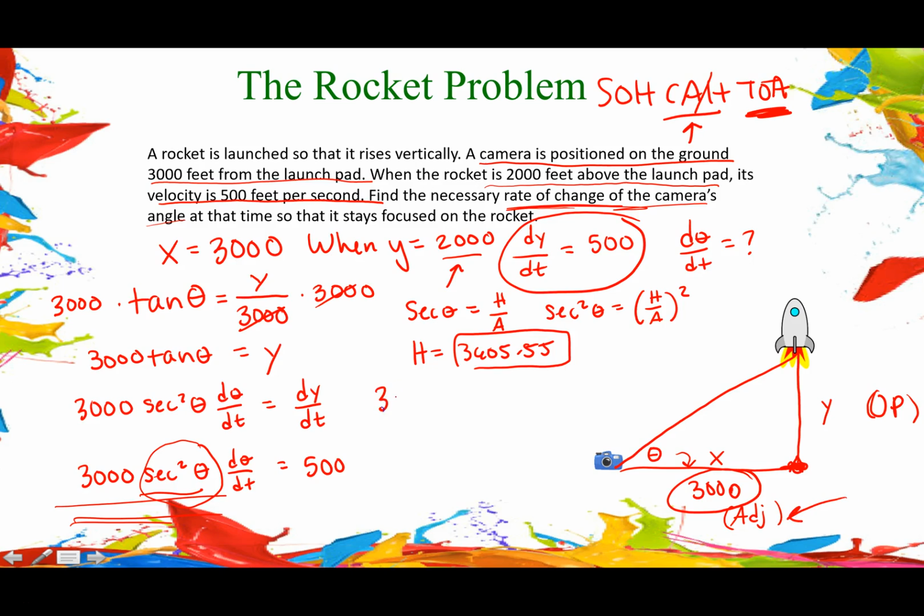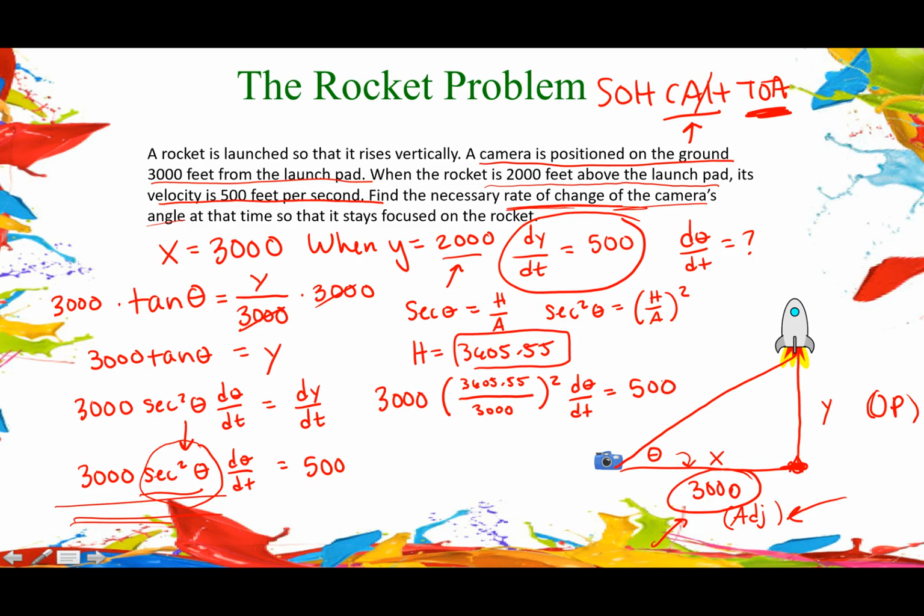So we're going to have 3,000, and then my secant squared, which is the hypotenuse of 3605.55 divided by my adjacent, which is 3,000, squared, because remember it's secant squared, d theta/dt, and that's equal to 500.